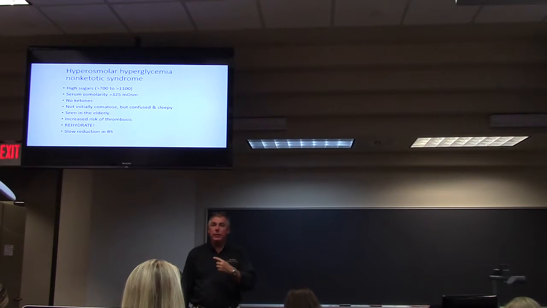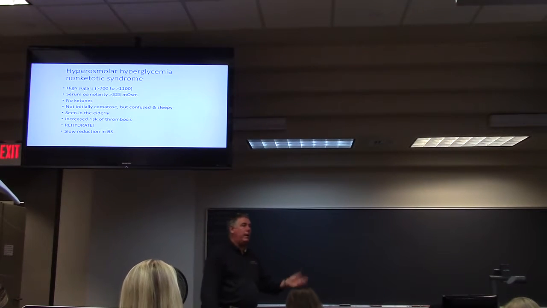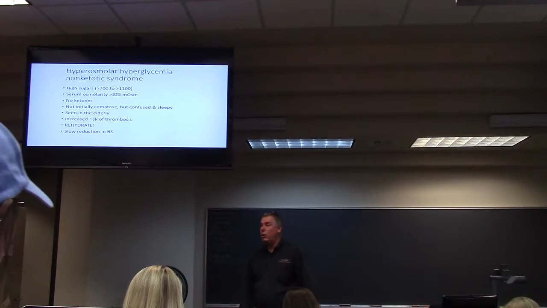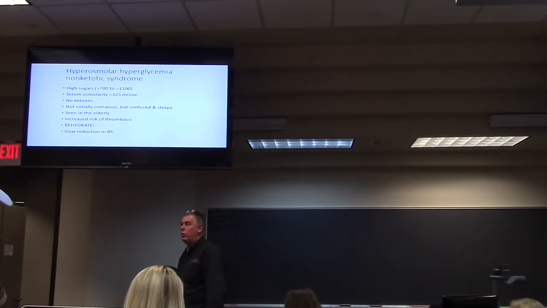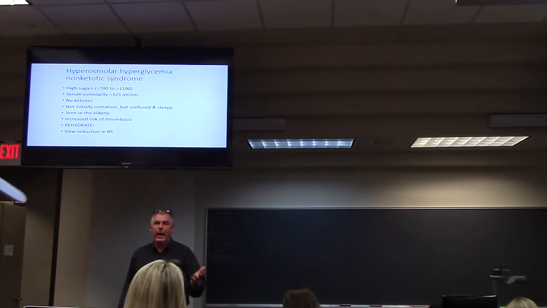These are non-insulin dependent people. They quit taking their metformin and glyceride and everything else, and they're just way out of control. All right? The remarkable thing about this is that, at least early on, you don't have the ketonuria in the urine with this as you do with DKA.